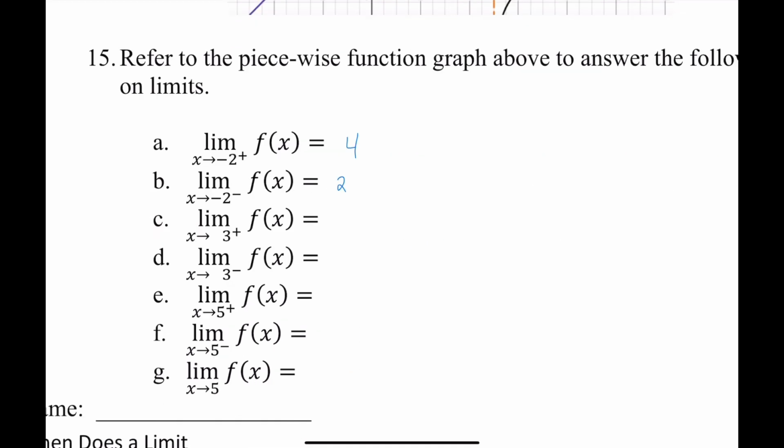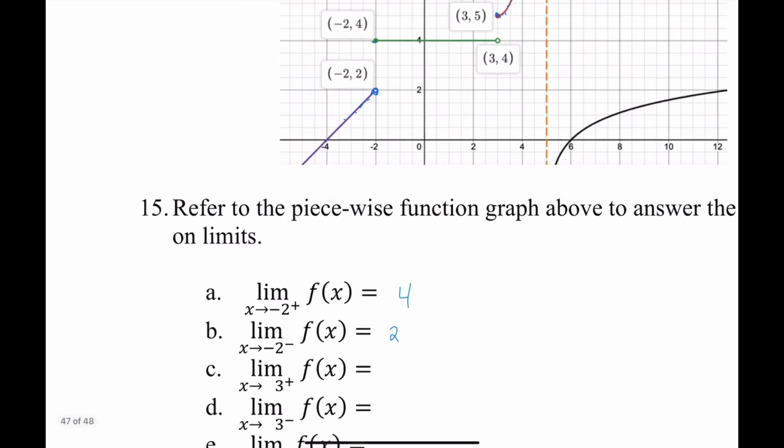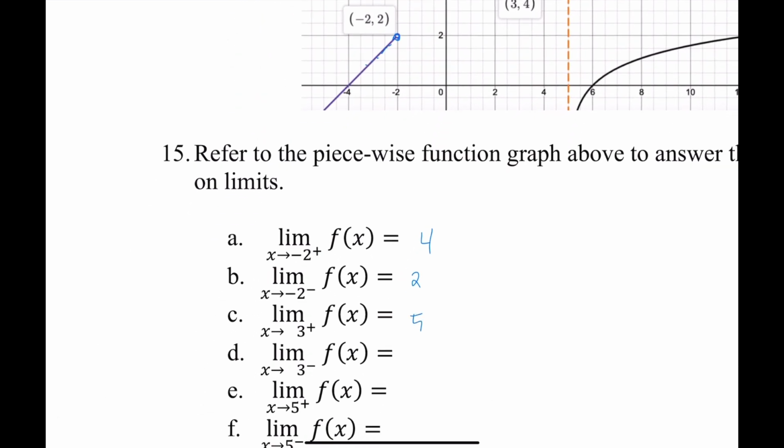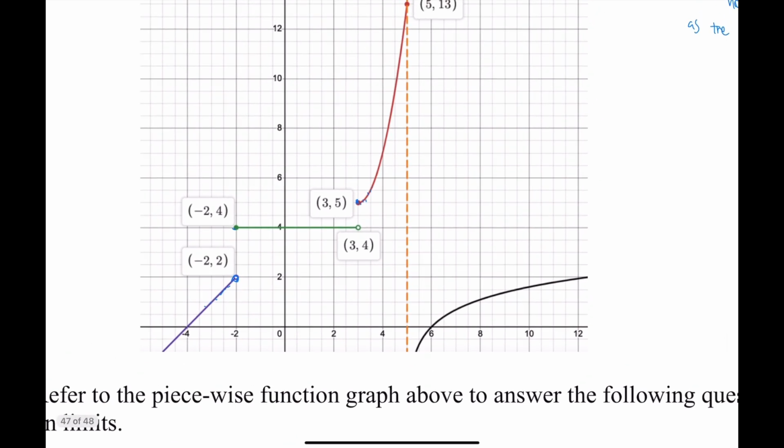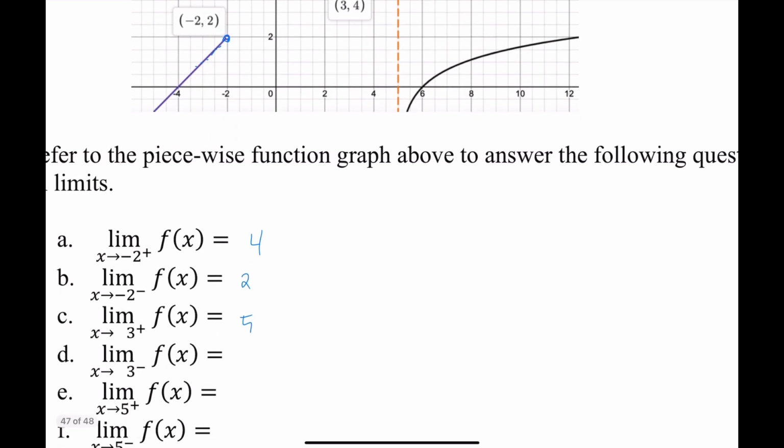Okay, and then moving on, x is approaching 3 from the right side, like approaching from 3.1111 or 5, right? And then approaching 3 from the left, like 2.99999, and then reaching 3, we're going to equal 4, right? So 4 again.